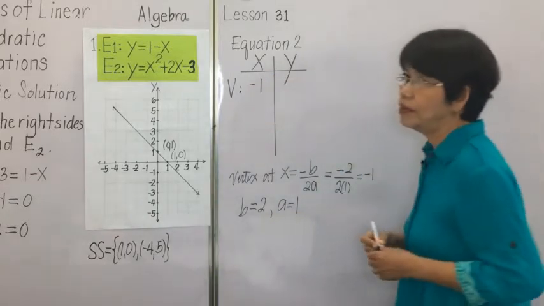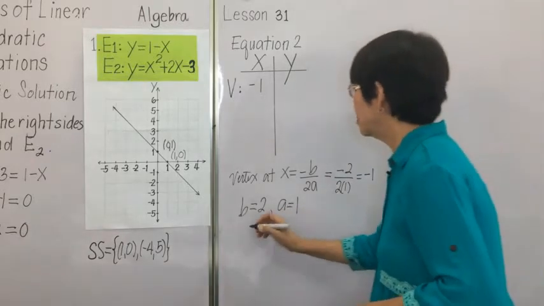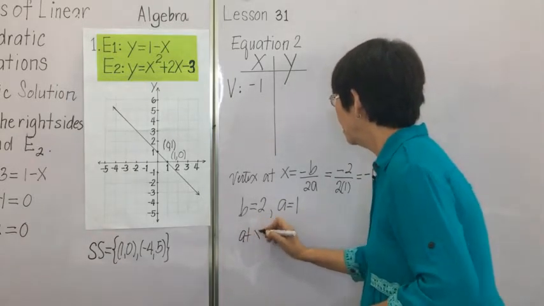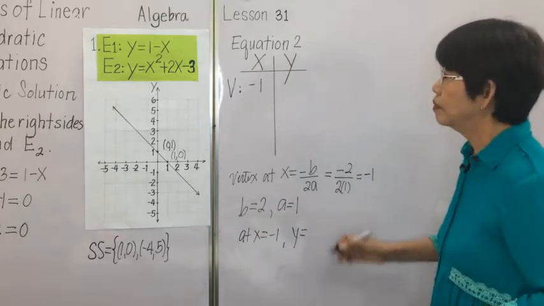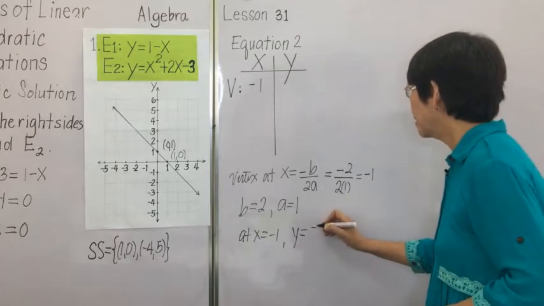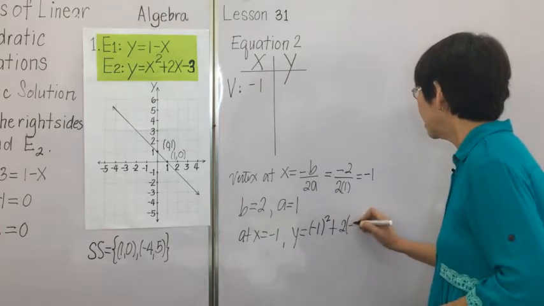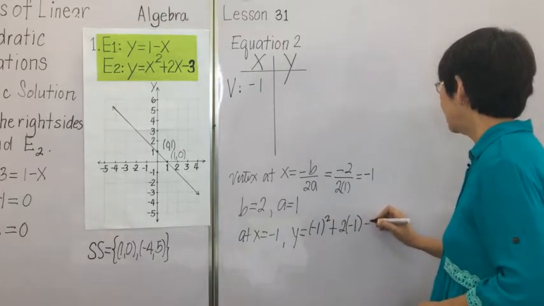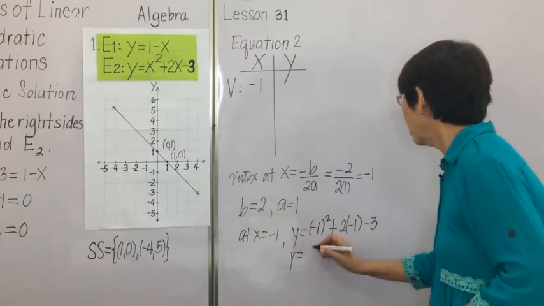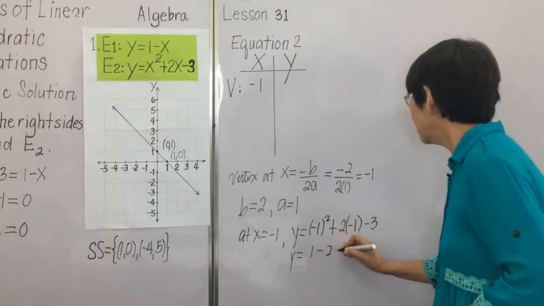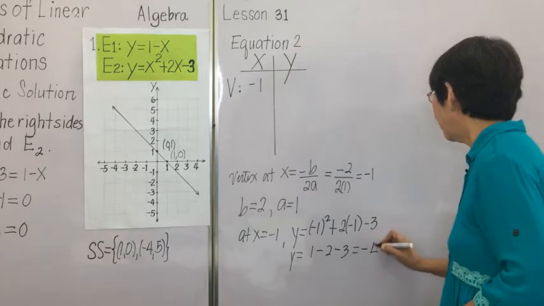So x is equal to negative 1, y is equal to negative 1 squared plus 2 times negative 1 minus 3. y is equal to 1 minus 2 minus 3 is equal to negative 4.